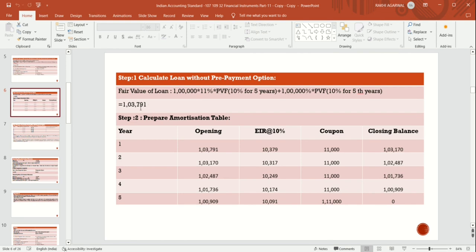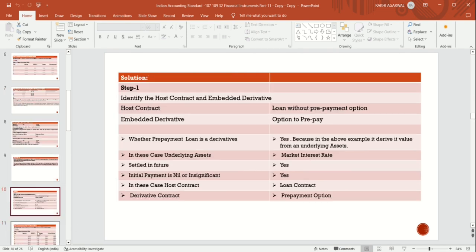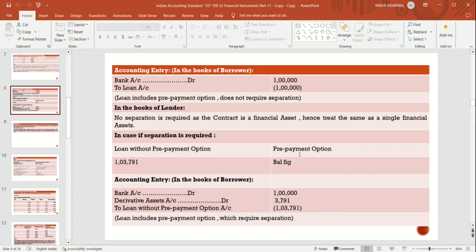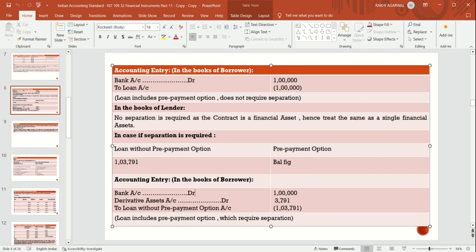If the loan is without the prepayment option, and if the loan is with the prepayment option, and segregation is required, then the value without the prepayment option is this, and any balancing figure is to be charged to the prepayment option, like the accounting entry in the borrower's books. This is the case when segregation is required, then this prepayment amount is the derivative asset.